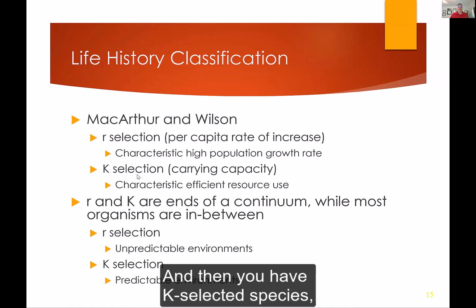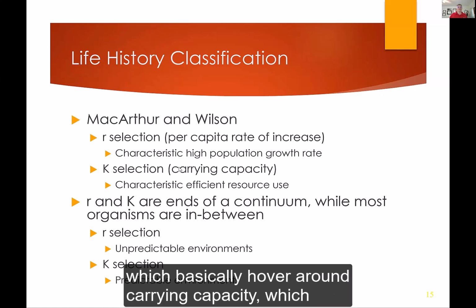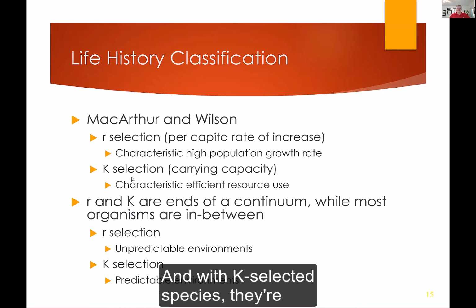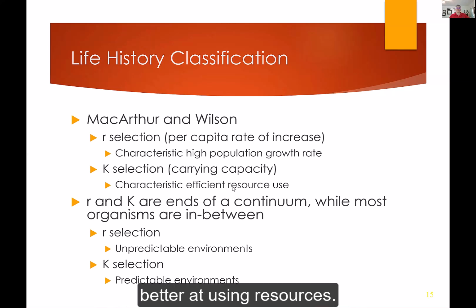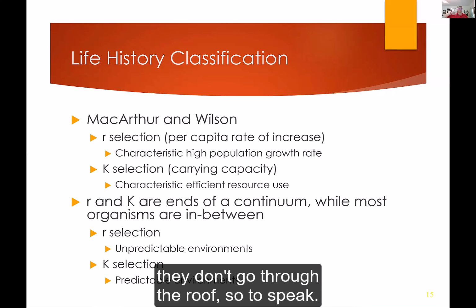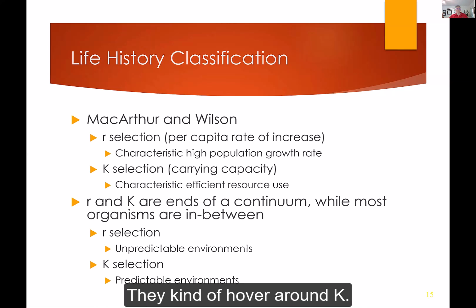And then you have K-selected species, which basically hover around carrying capacity, which is where you get that K from. With K-selected species, they're better at using resources. Usually their populations don't go through the roof, so to speak. They kind of hover around K.